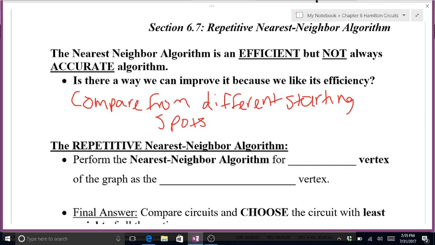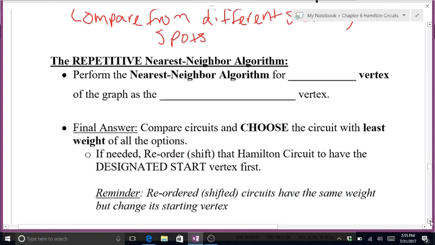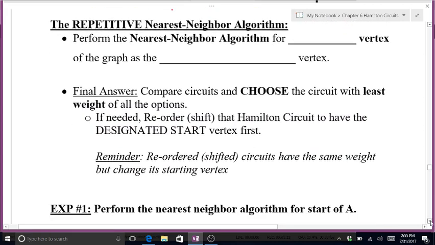So, what that means is instead of always starting at A, we're going to do it at every vertex. We're going to start at A, and then we're going to move on and do it again and start with B this time, move on and start with C, so on and so forth until we run out of starting spots. So, here are your steps.